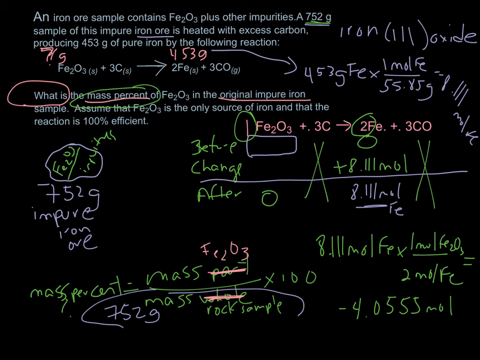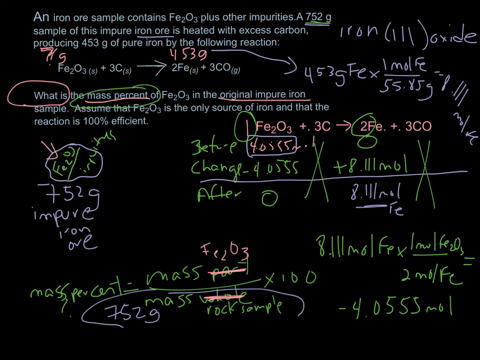So this had to be minus 4.0555 moles. And if I subtracted and got 0, I had to start with 4.0555 moles of iron oxide. So that's how many moles were right here, over here, 4.055.